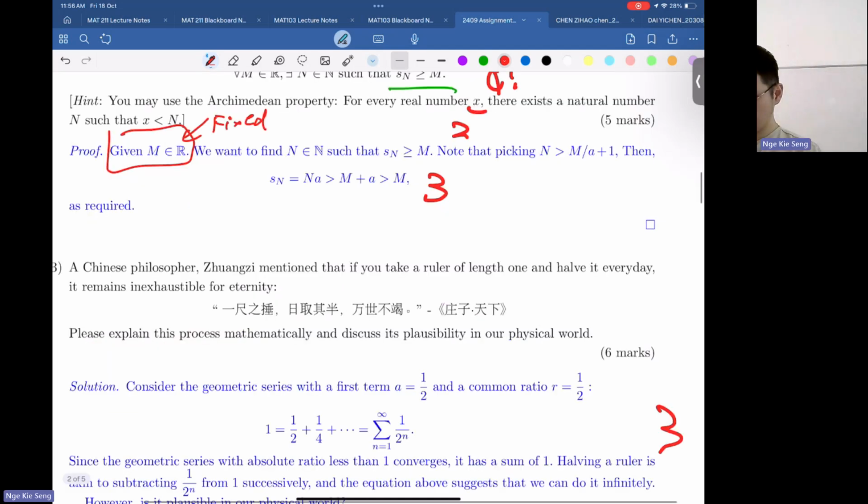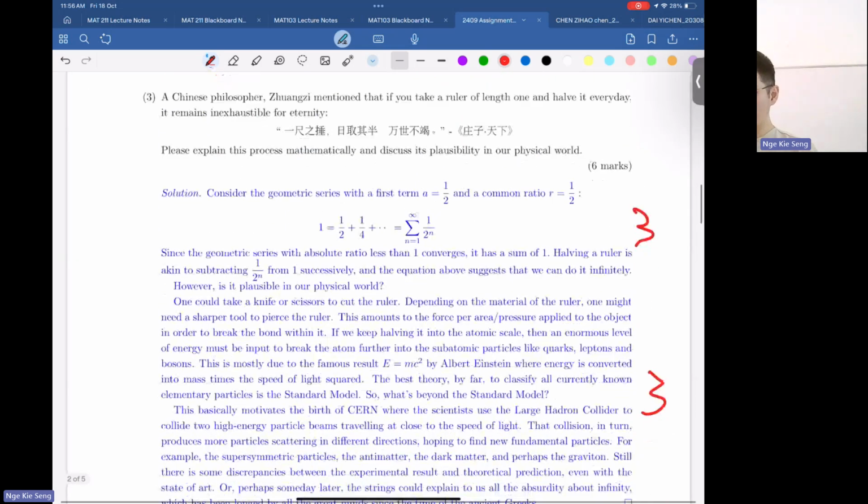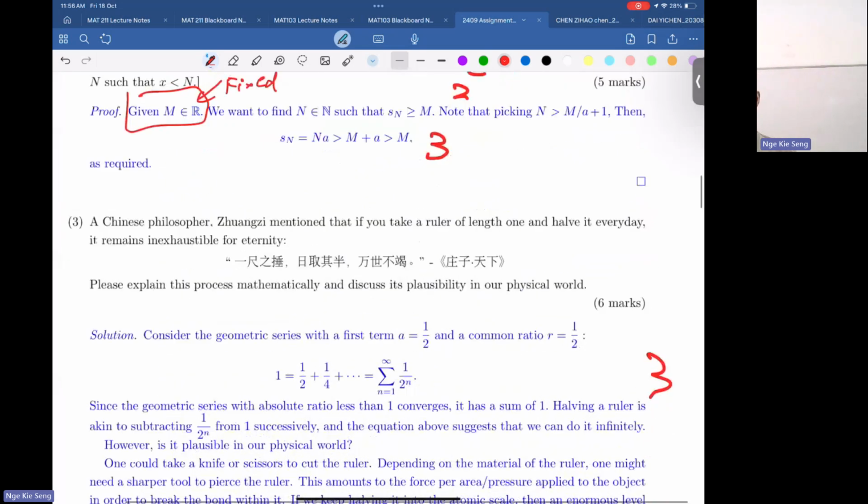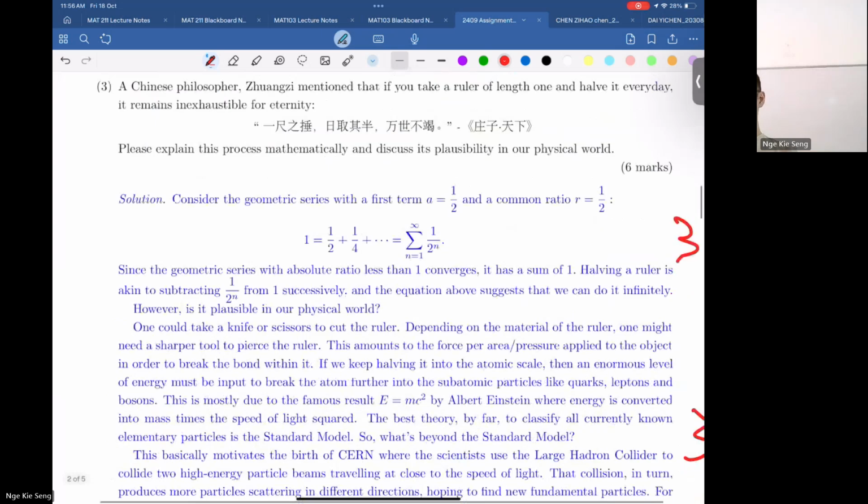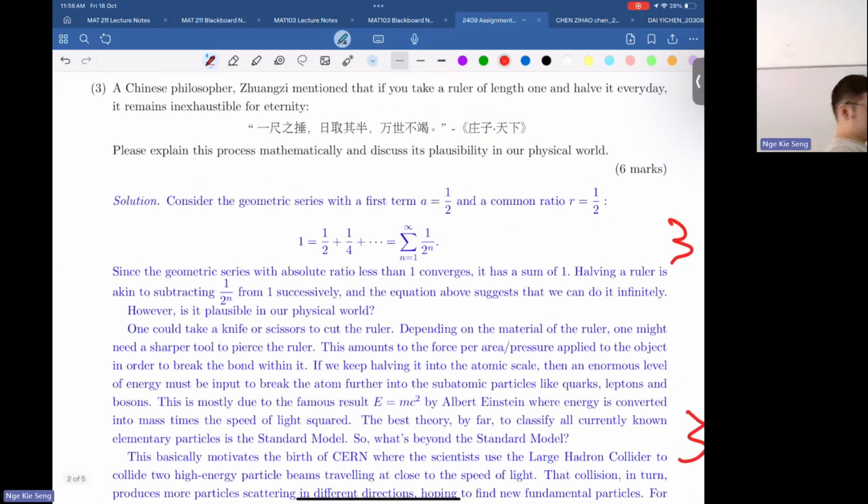Okay, so this is the question, question 3. I took inspiration from one TV show on CCTV, not sure whether it's CCTV or Zhejiang TV. It's called 圆桌派, you can go and watch.